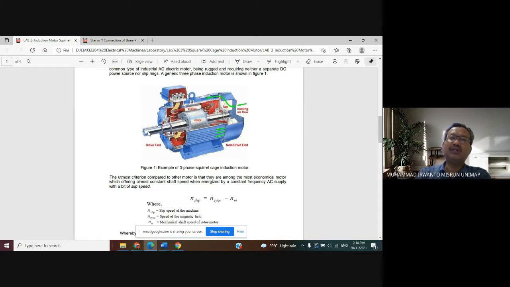If it is coupled to a load, the speed depends on the mechanical load. In our simulation, this mechanical energy will be converted to electrical using the mechanical electrical interface. This is what we want to simulate.